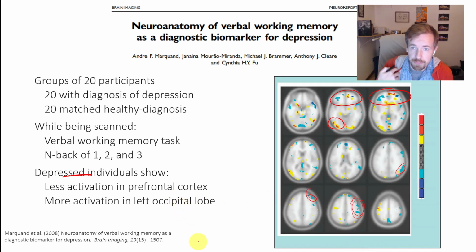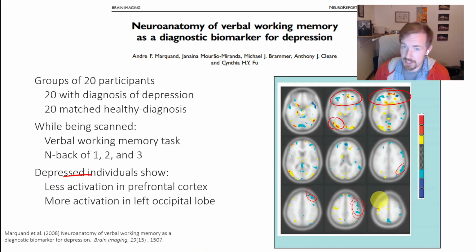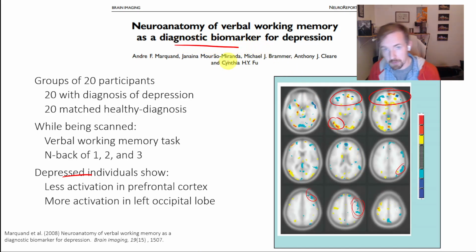The whole reason why people are fascinated by this, and right now there truly is a scramble to study this stuff, a race for it, is because people are trying to find diagnostic biomarkers. What is a diagnostic biomarker?